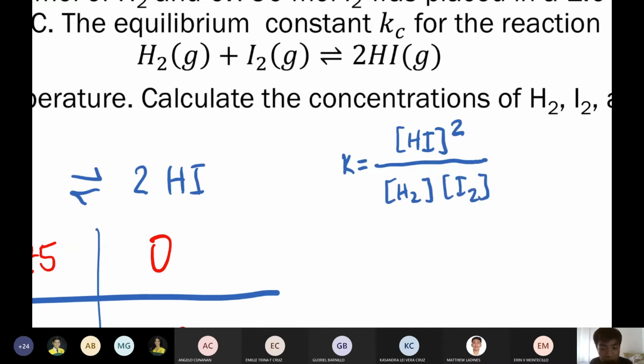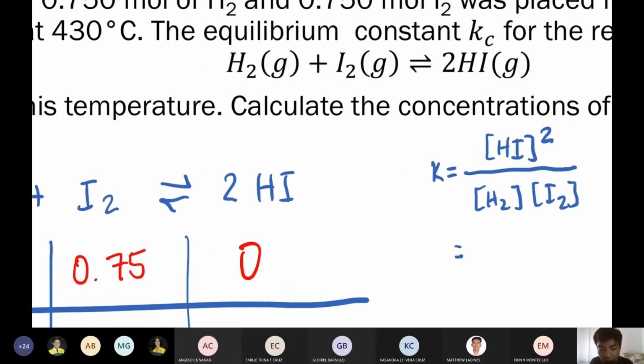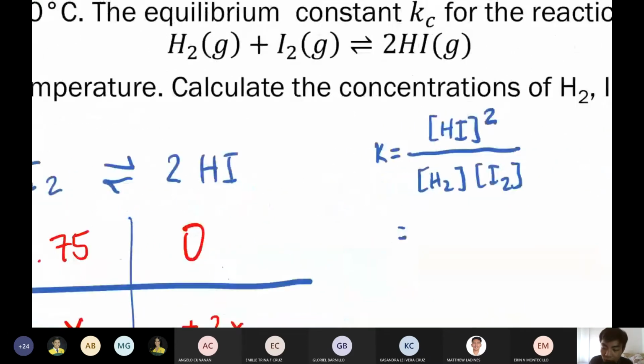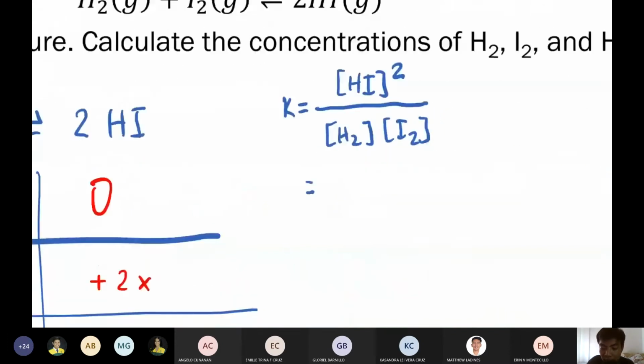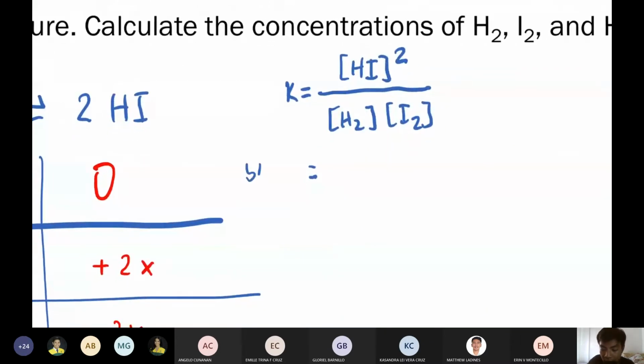Okay, sulat mo muna yung equilibrium constant expression. Then, you plug in whatever is given sa ICE table. Okay, so ano yung value ng K? Ano ba sabi sa problem? 54.3 daw yung K. So, I will plug in 54.3.